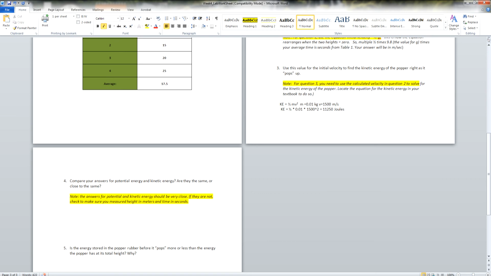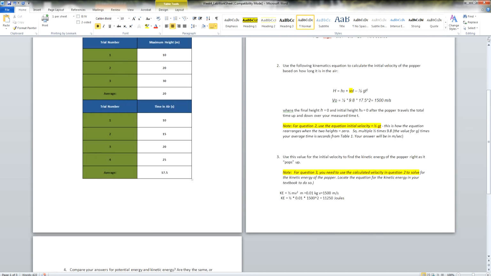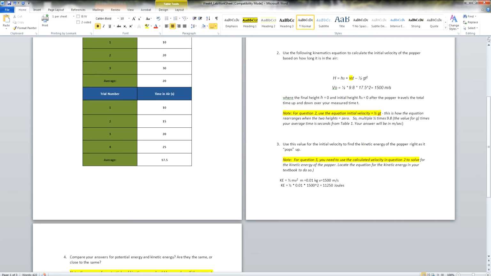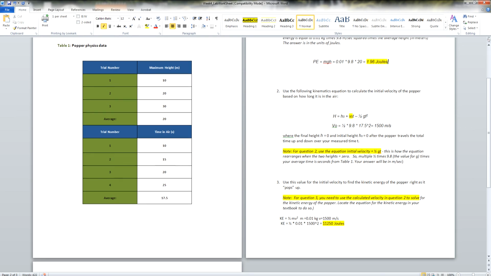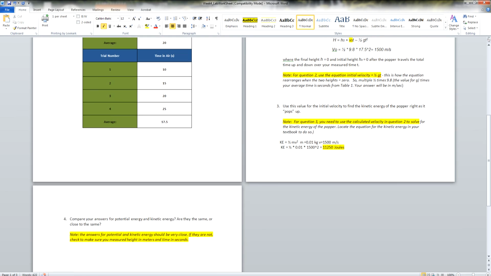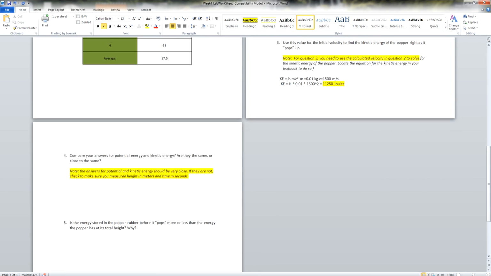If they are not, check to make sure your measured height in meters and your time in seconds. So if I did this experiment correctly, the joule of the kinetic energy and this number are supposed to be very close. So you have to watch out for that. If they are not, it means that something was done incorrectly in the experiment. But this is just to show you how to get these numbers in calculation.